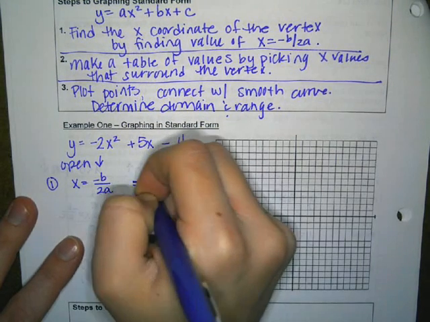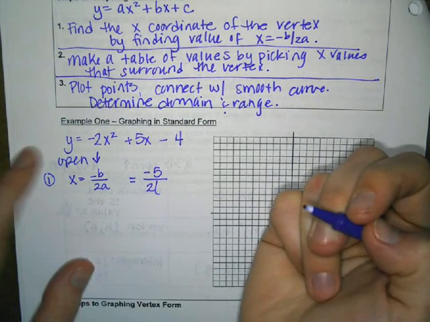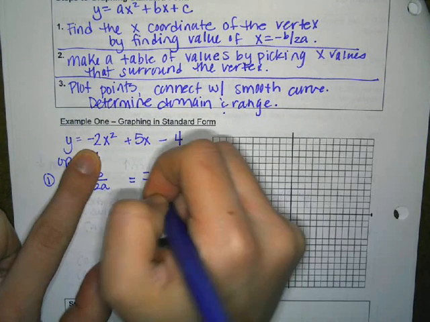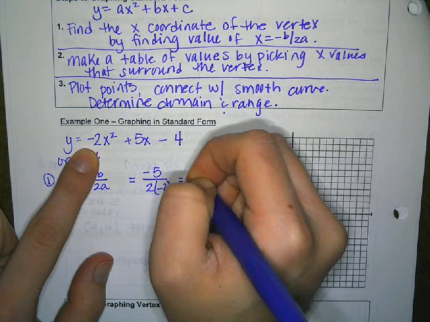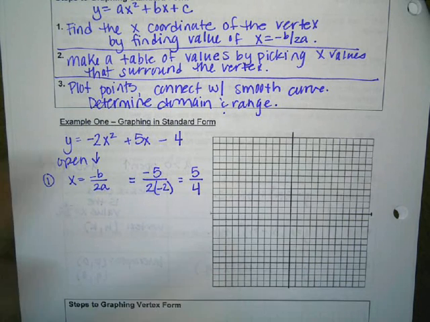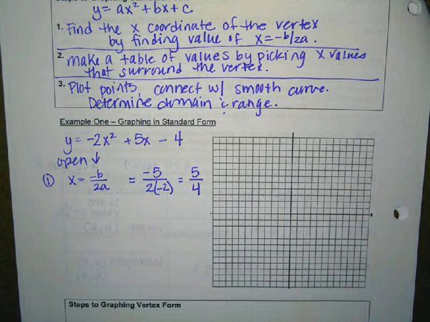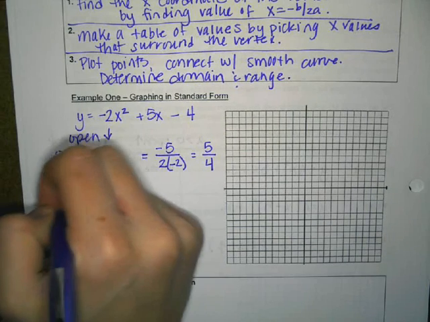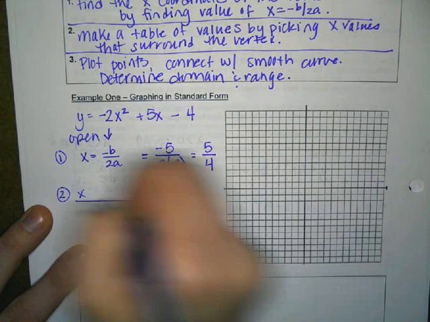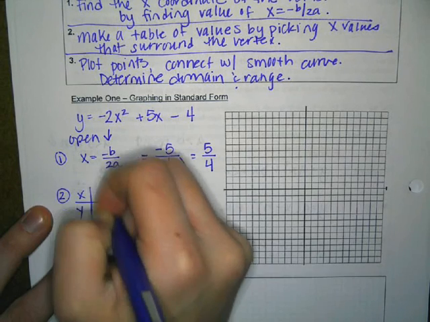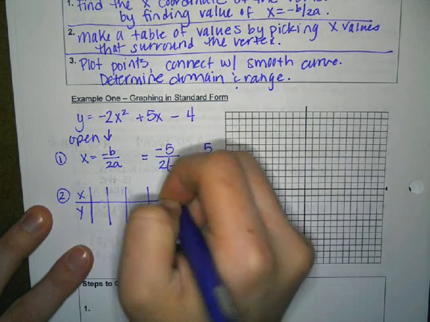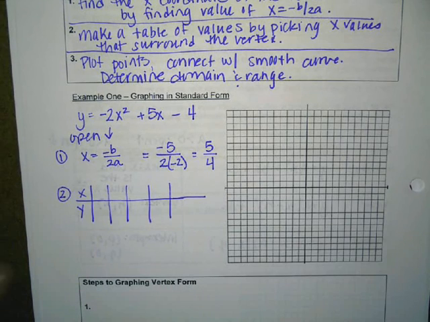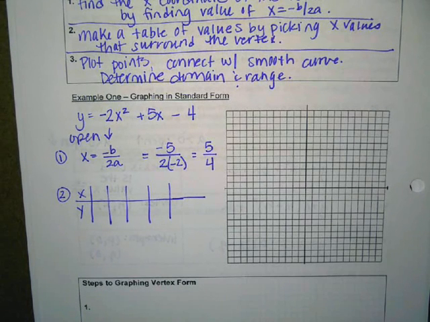And then my a value is negative 2. So I get 5 over 4, which would be 1 1/4, but we're going to leave it as 5 over 4. And then I'm going to make a table of values. When I make my table of values, I like you to pick 2 points to the left, 2 points to the right. And where do you think that 5/4 is going to go?